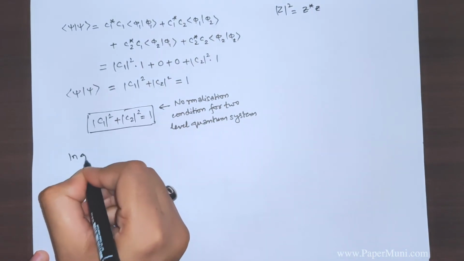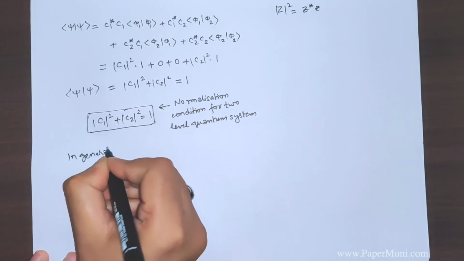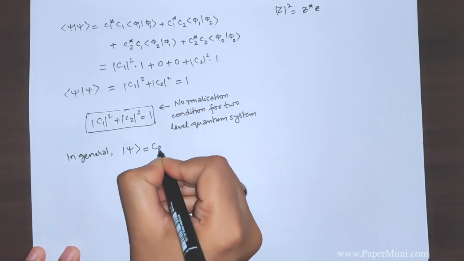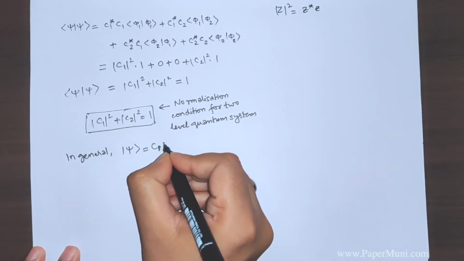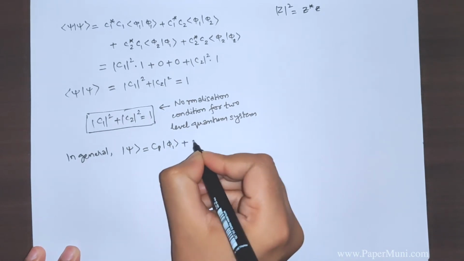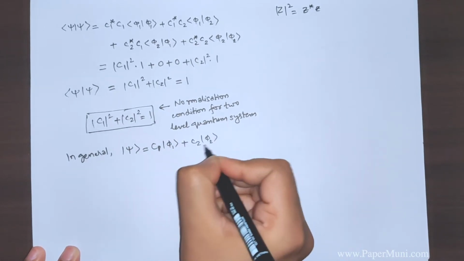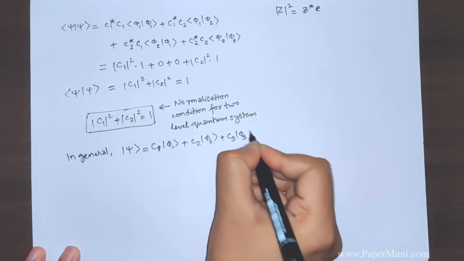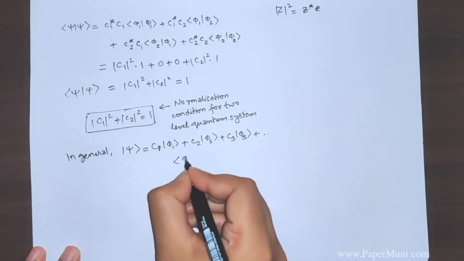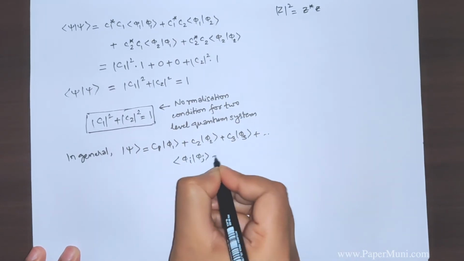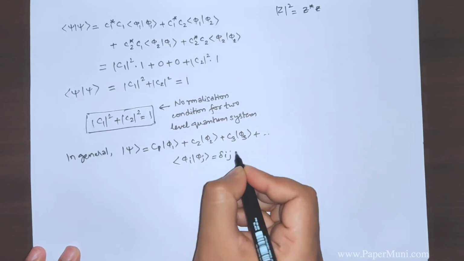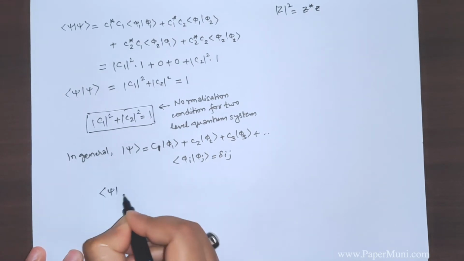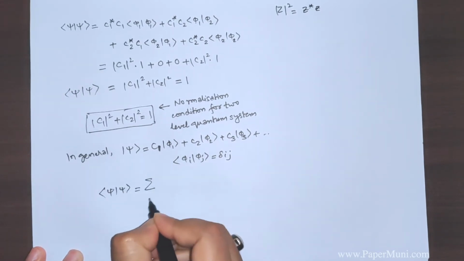In general, if a state is given to be a superposition of several wave functions or states, C1 phi 1, C2 phi 2, till a long list of functions, and phi i and phi j, all these states are orthonormal to each other, then the normalization condition for such a state can be written as a summation.